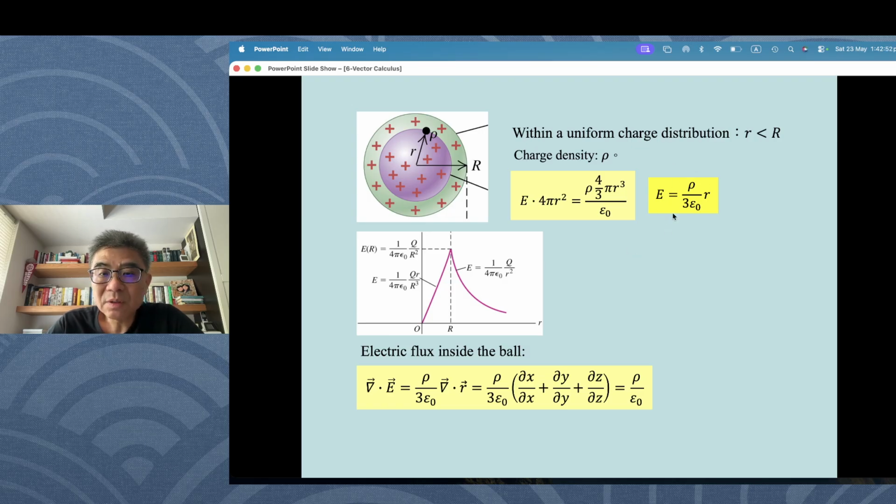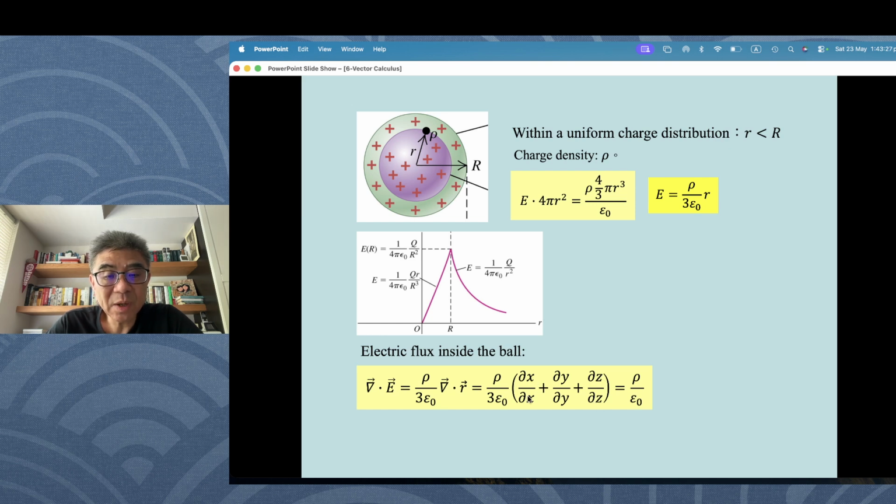Therefore, the divergence inside the ball is equal to rho over 3 epsilon 0, that's the constant in front, times the divergence of R. So essentially, this is a calculation about the divergence of the vector R. However, it is easy to see that the divergence of R is equal to partial x over partial x plus partial y over partial y plus partial z over partial z.